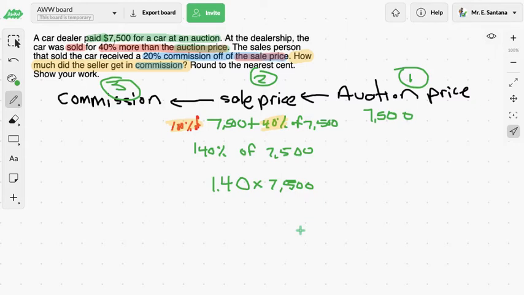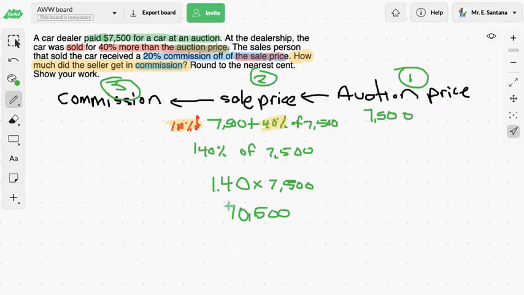I type that into my calculator, 1.4 times 7,500, and it gives me 10,500, which makes sense because that's more than 7,500.